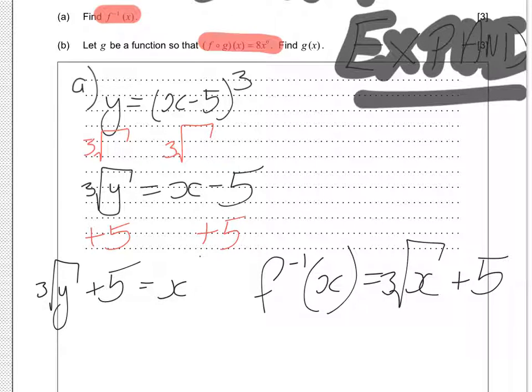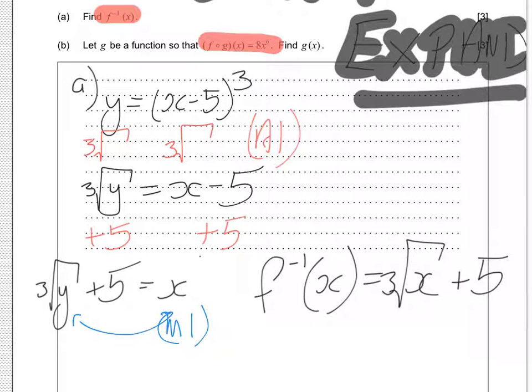And that's your 3 marks. First one comes from beginning the manipulation correctly. The second one comes, and there's always a mark for this in these inverse function questions.